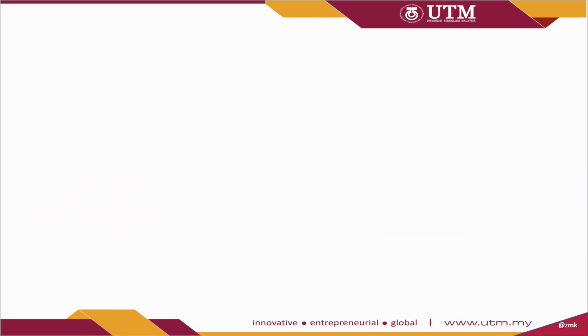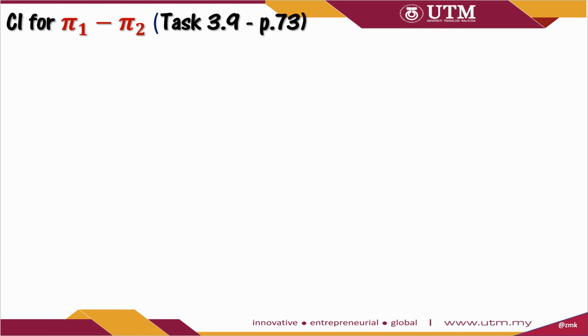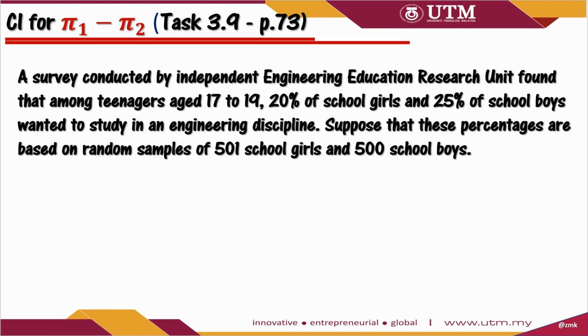Look at another example. Please refer to task 3.9, page 73 in the Statistics for Engineers textbook. A survey is conducted by Independent Engineering Education Research Unit, who found that among teenagers aged 17 to 19, 20% of schoolgirls and 25% of schoolboys wanted to study in an engineering discipline.